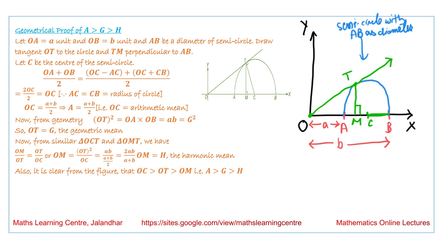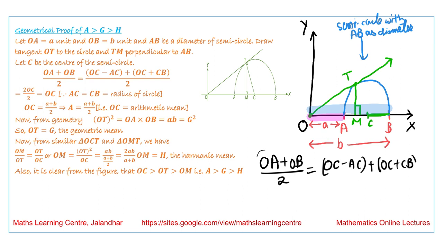Then we consider the lengths OA plus OB, divided by 2. In place of OA we can write OC minus AC, and the second term we can write as OC plus CB, divided by 2.